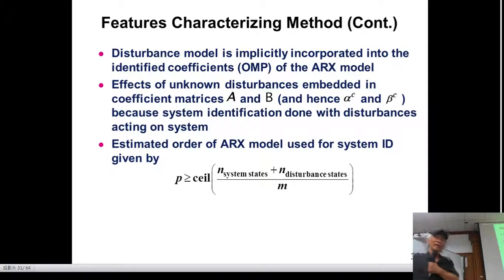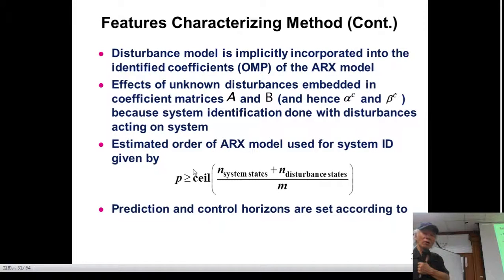All right. Then with this equation, you have to be very careful. In your homework, I give you the system order as 2, which means n equals 2.